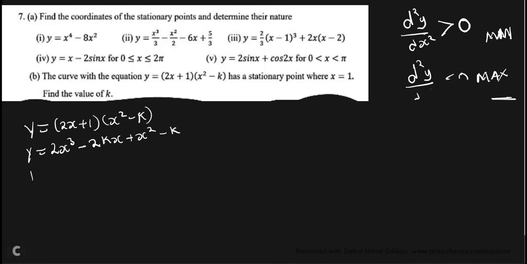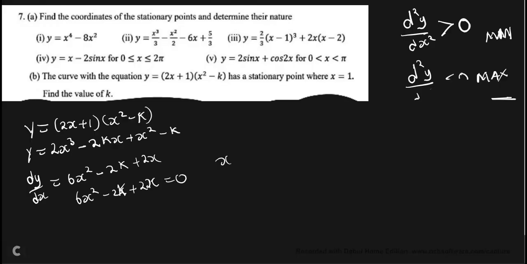What next? We differentiate: dy/dx equals 6x squared minus 2k, then plus 2x, and that is equal to 0. And x is equal to what? 1, as said in the question.